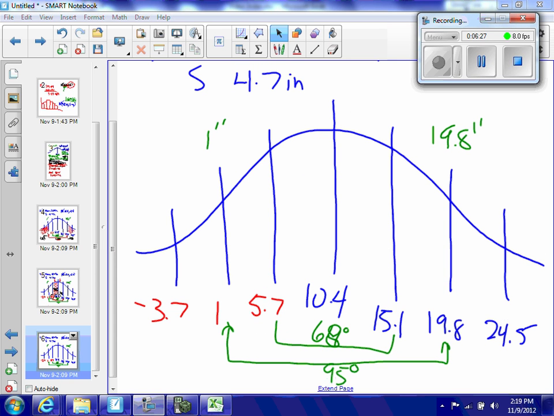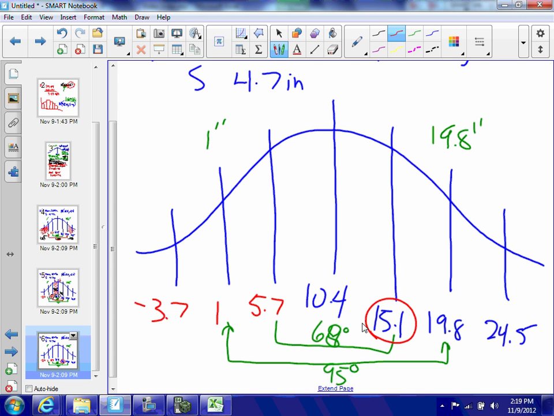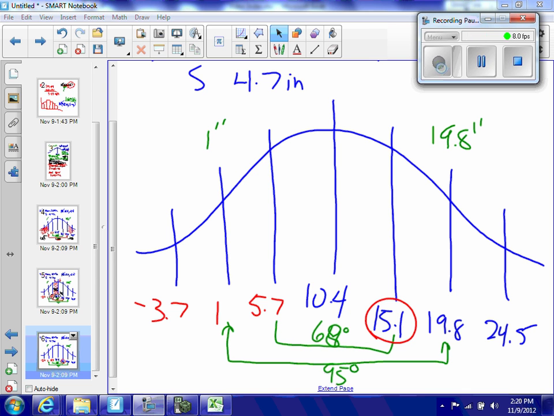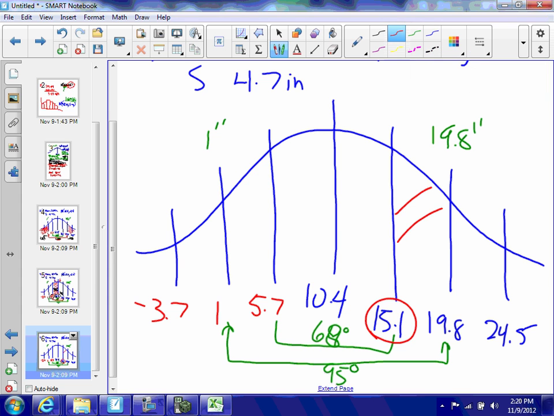This last part of the question is now just a tiny bit inaccurate. It says, what percent of the trees should be over 15 inches in diameter? Well, it'd be better if it said over 15.1 inches, but they're being a little bit loose. So we're looking to fill in this part of the normal curve. What percentage of trees should be greater than 15.1 inches?